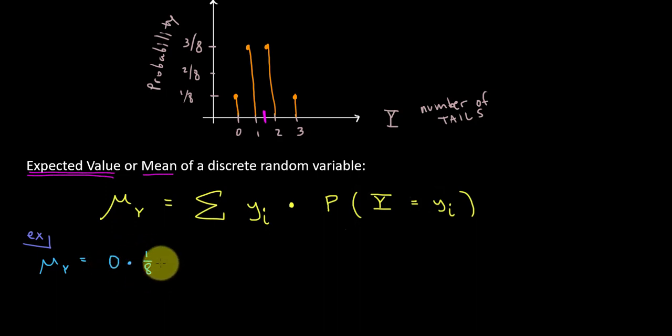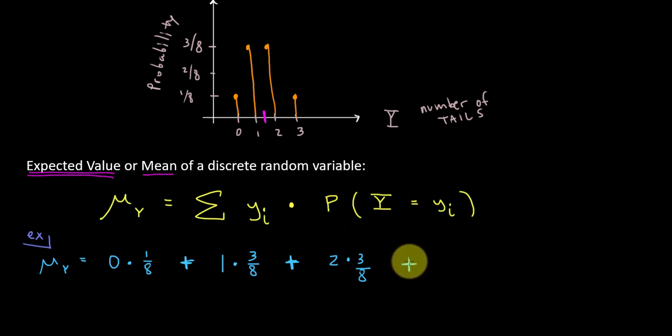That's going to simplify down to a 0, but I want to write it for thoroughness sake. We're going to add 1 tail times its probability of 3/8. Add it up. 2 tails, you also have a 3/8 probability.